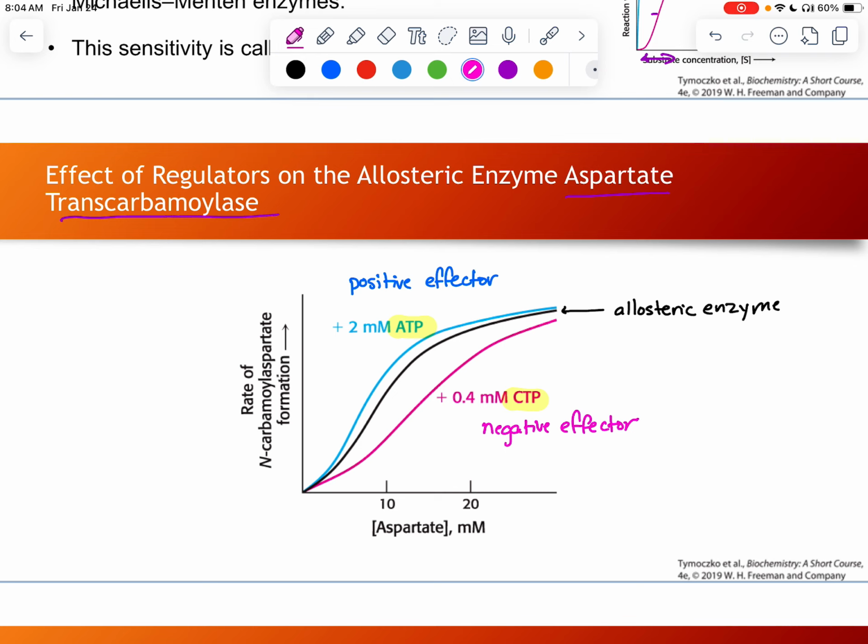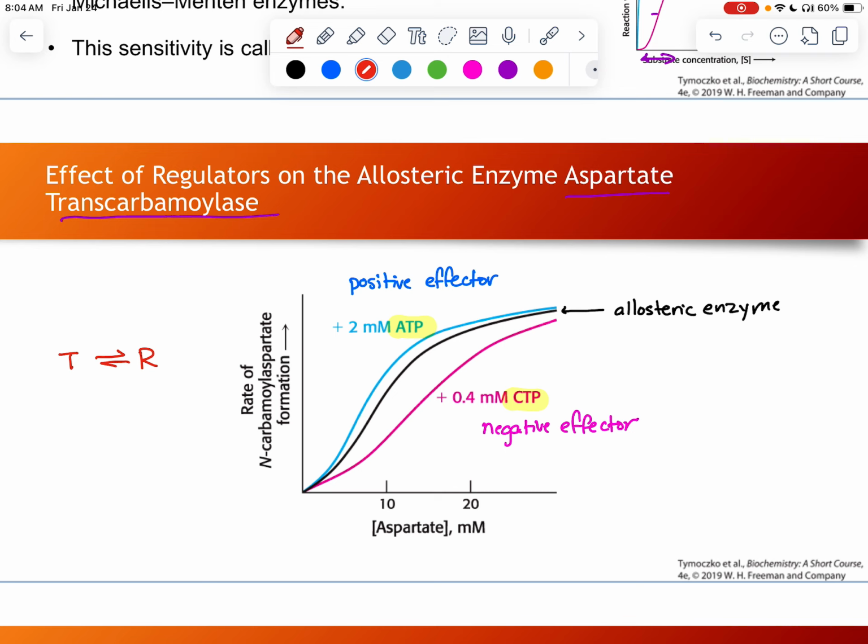So if you think about it, we still are going to have our T to R, so tense state versus R state equilibrium. And so really we think about how these effectors work by thinking about which state our enzyme would more likely be in.